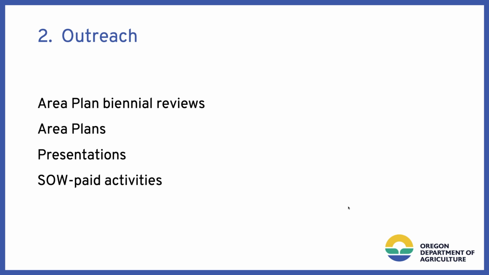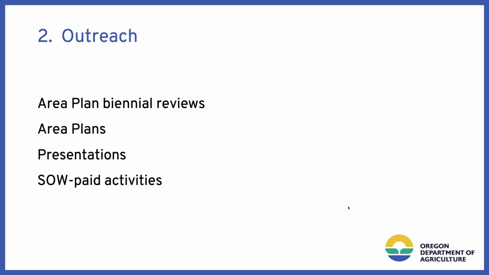Outreach. All the landowners need to know what's expected of them, both in terms of requirements and also opportunities for moving beyond compliance and really getting to where properties can prevent and control water pollution from ag activities.